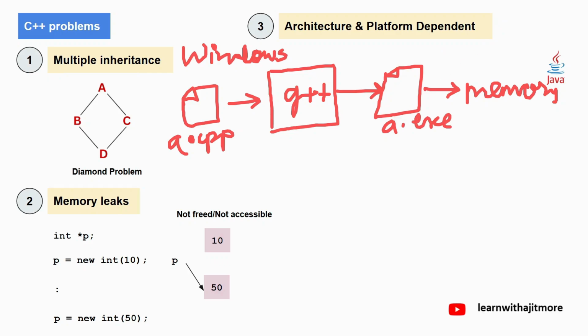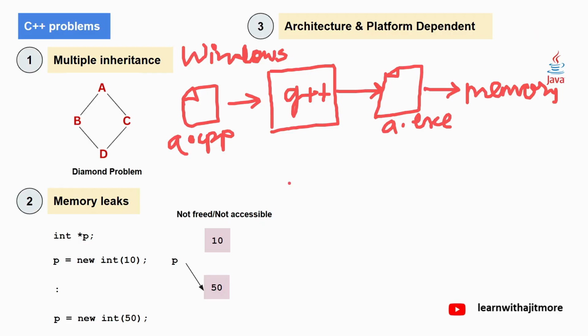Because this executable is bound to Windows only, or bound to the CPU on that system. This executable is Windows specific. You can take this exe and run it on another system if that system also has Windows.